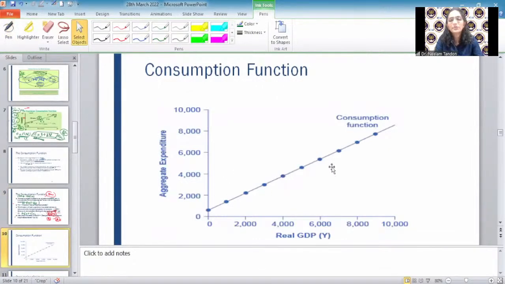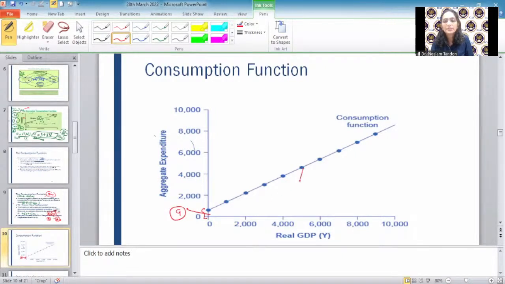And this is the consumption function. We have already shared consumption function. What do you see here? You can see here the consumption line. What is this here? This is autonomous consumption.